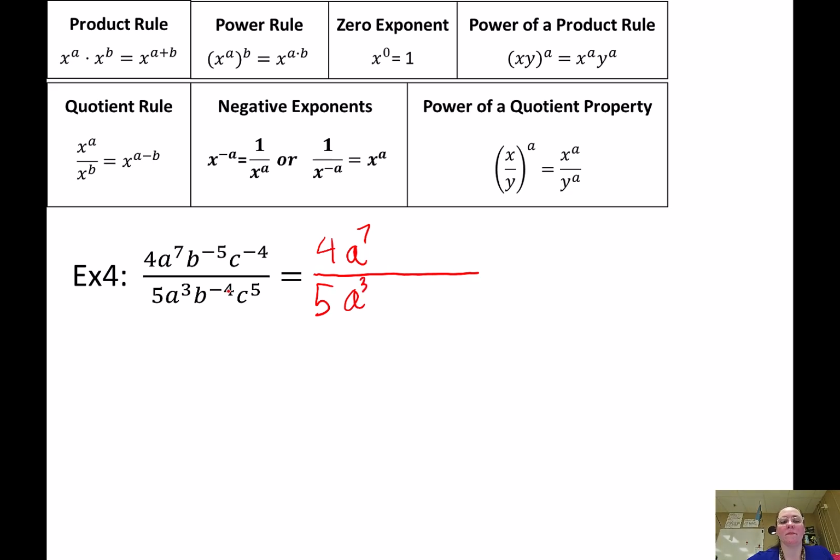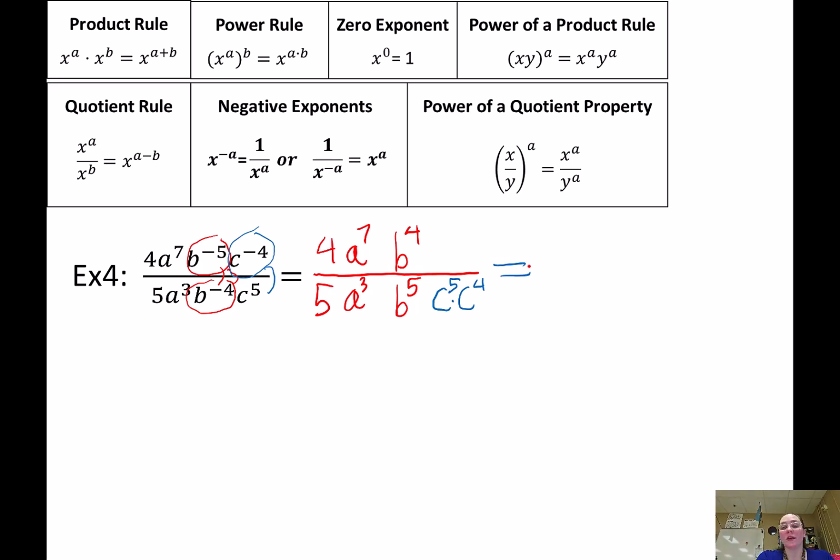So I'm going to move the b to the 4th to the top and b to the 5th to the bottom to make them positive. Now I also have the c to the negative 4th. So that's also going to have to come down here to the bottom as well.